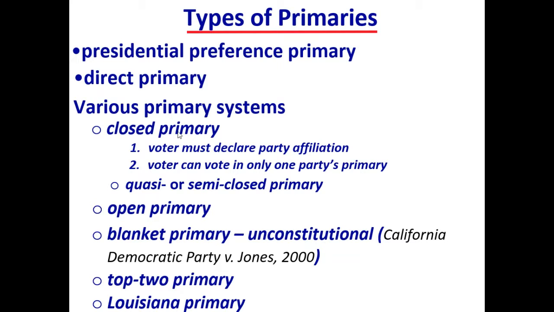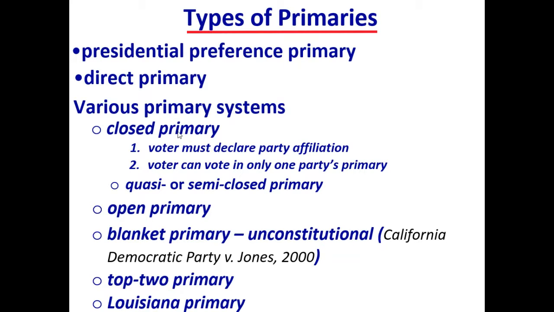But in some states that are closed primary states, you actually have to declare your party affiliation at the time that you register to vote. Okay? And I think that's why most observers say Texas is not a closed primary, because we don't require that in Texas. But I maintain that we do require voters to declare a party affiliation. They just do it at the time that they go to vote in the primary.